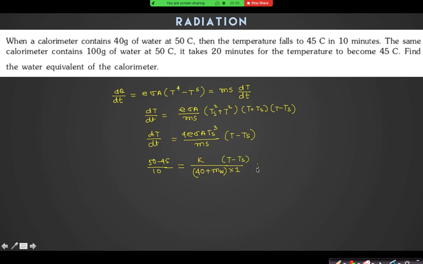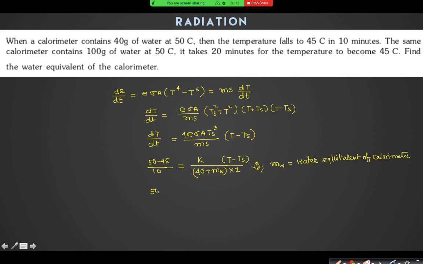Can I write this equation? Just check, where mw is the water equivalent of the calorimeter. Right, so this is our first equation.